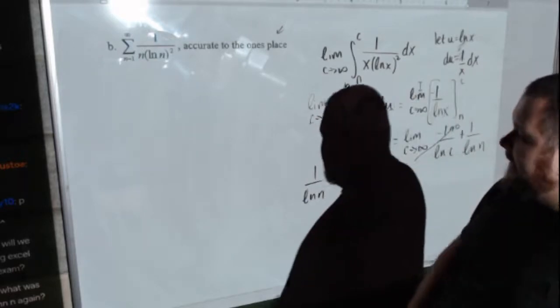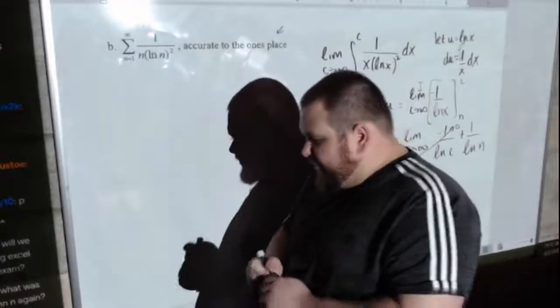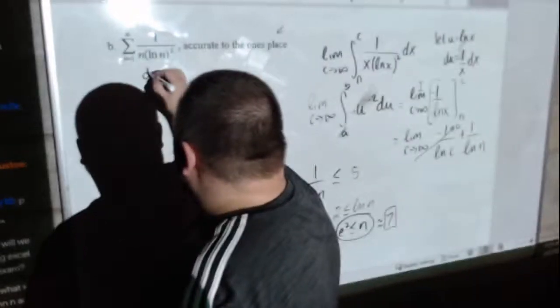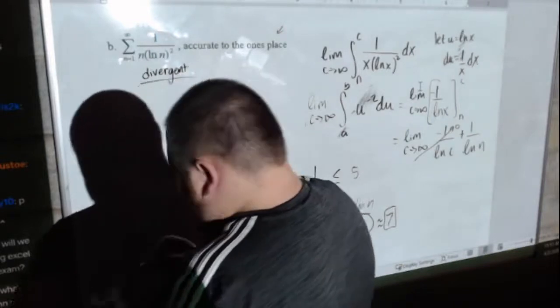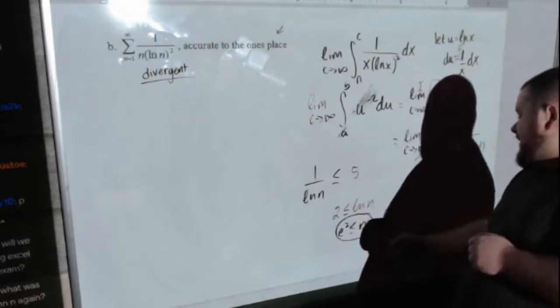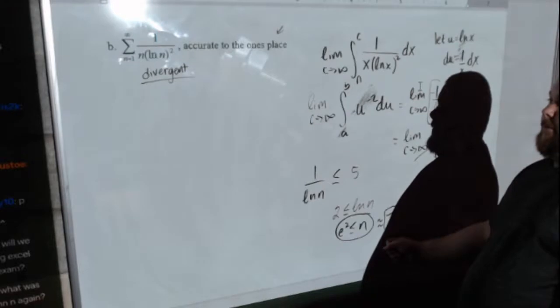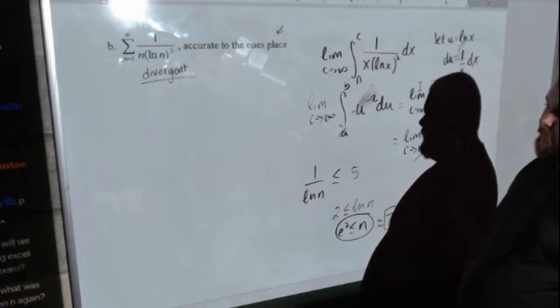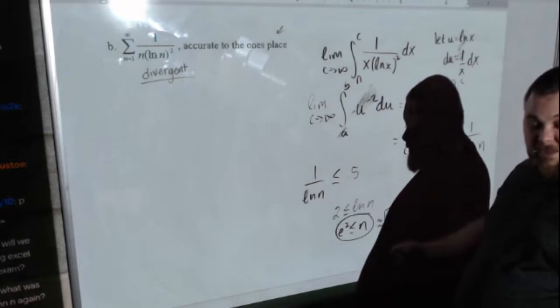As it stands right now, this is a divergent series. So this tells me nothing for this series because it's divergent. And remember, I should have proven that it was convergent before I did this.